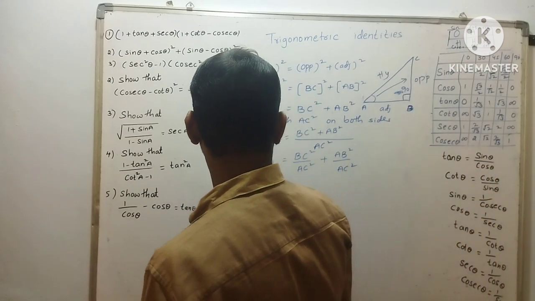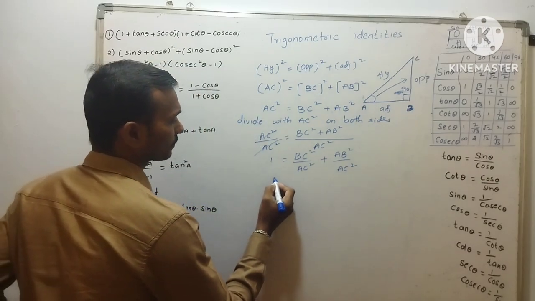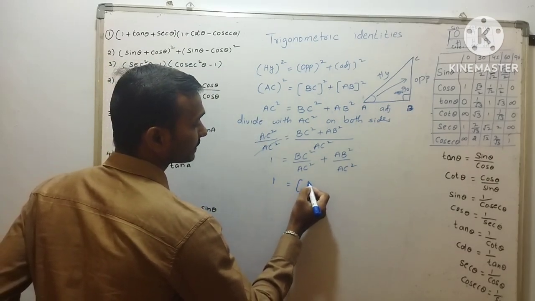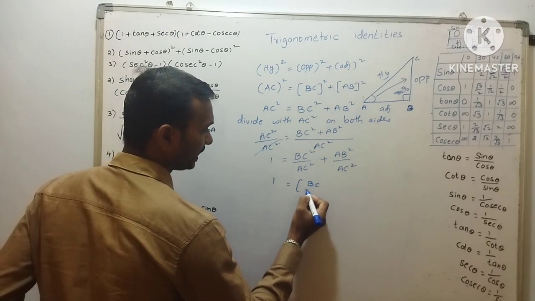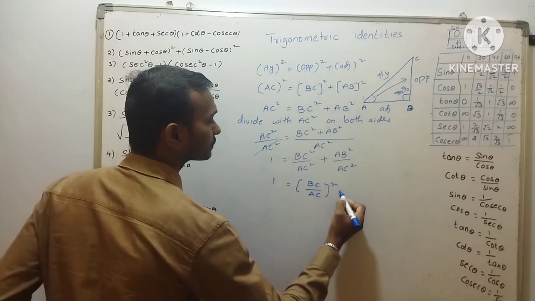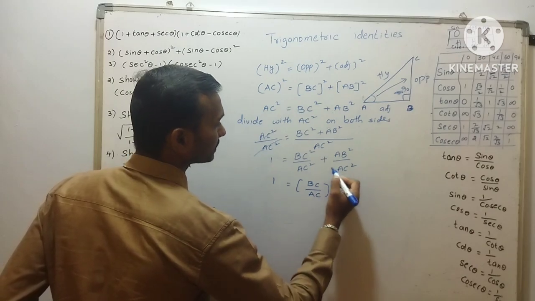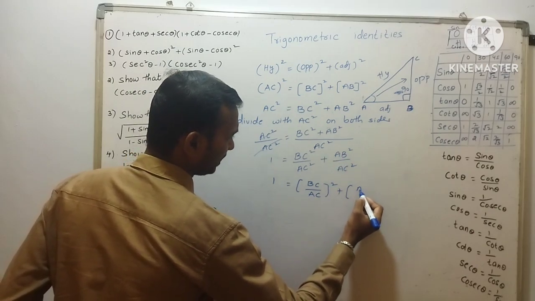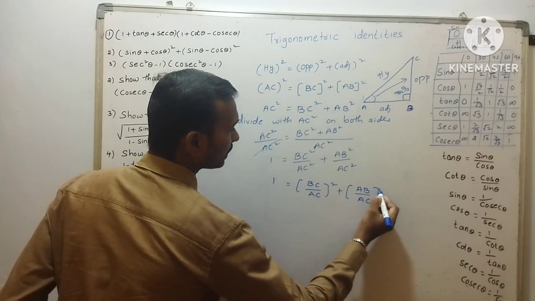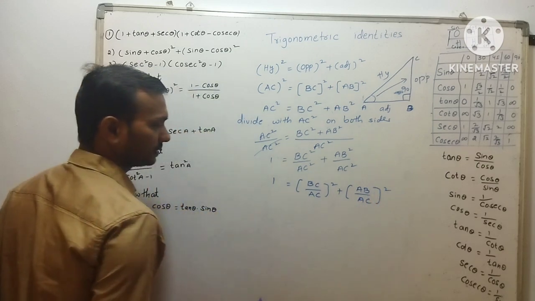Now you see here, we will write BC by AC whole square plus AB by AC whole square.